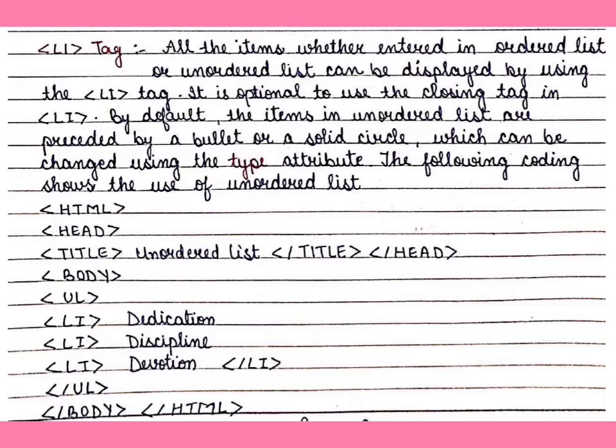By default, the items in unordered list are preceded by a bullet or a solid circle, which can be changed using the type attribute. The following coding shows the use of unordered list.